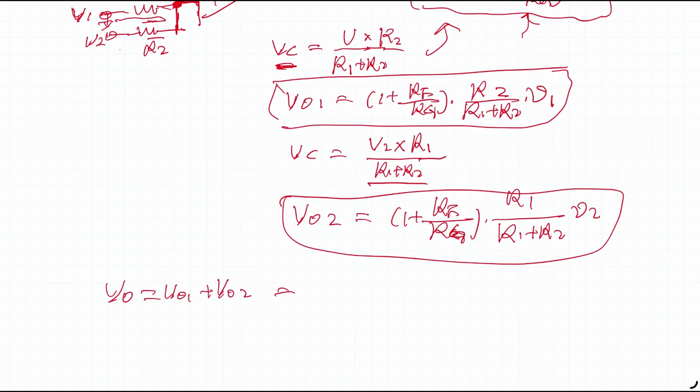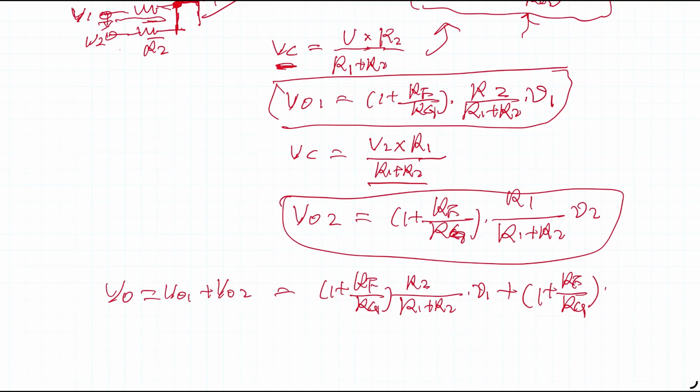So we have 1 plus RF over RG and R2 over R1 plus R2 times V1 plus 1 plus RF over RG and R1 over R1 plus R2 times V2.